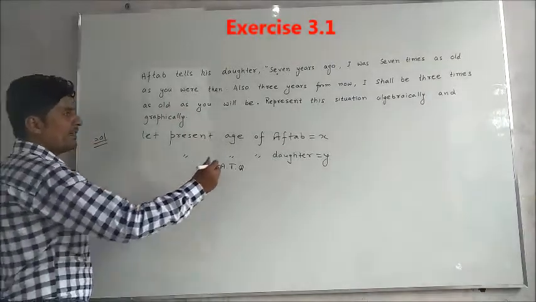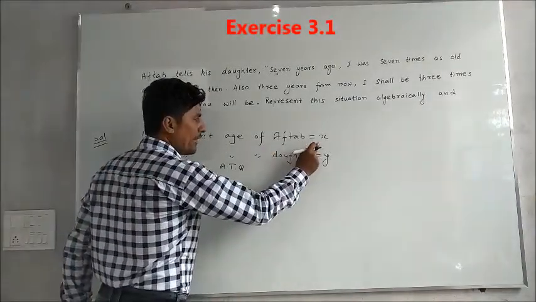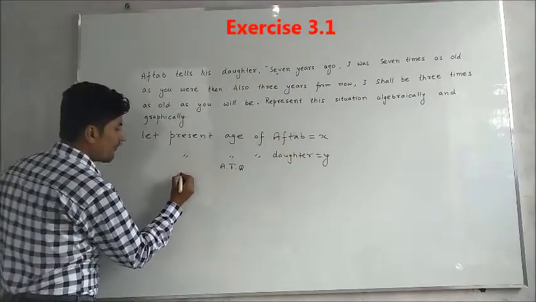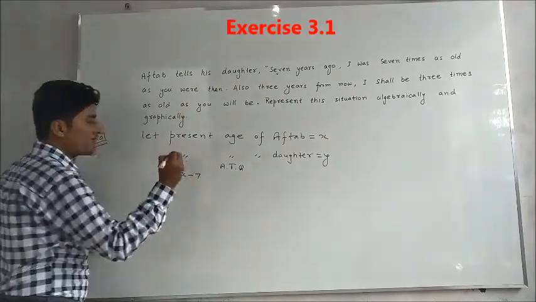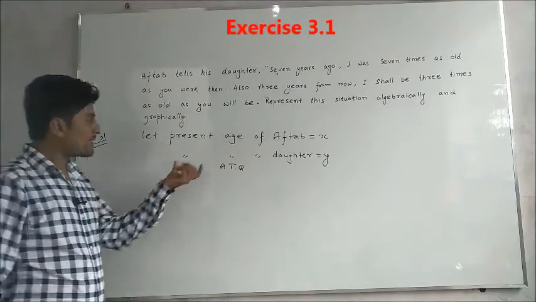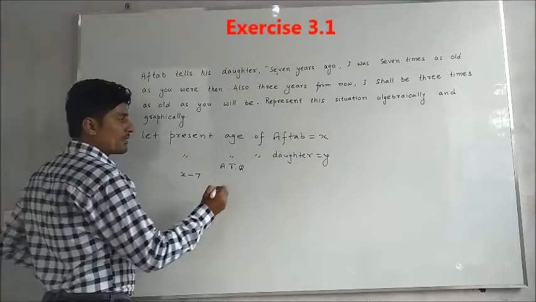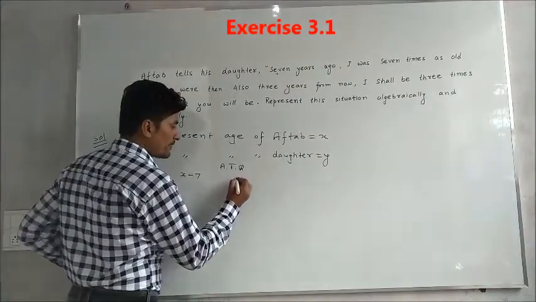So we can write here that since the present age of Aftab is X, so 7 years ago the age of Aftab will be X minus 7. Since the present age of daughter is Y, hence 7 years ago the age of his daughter will be equal to Y minus 7.